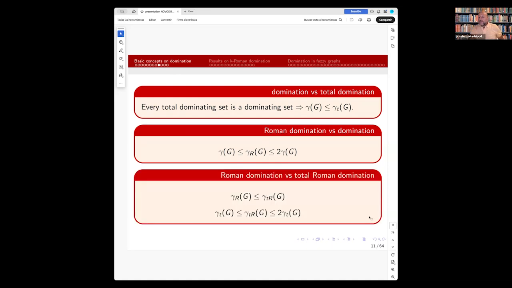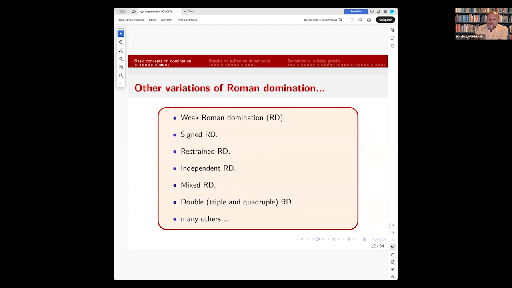We can also relate the Roman domination and total Roman domination in similar terms. And as I said before, I don't intend to show you a lot of results regarding these classical parameters because you are very familiar with all of these concepts. Well, I would like to say that in the last years, hundreds of papers have been published regarding many variations of this concept of Roman domination.